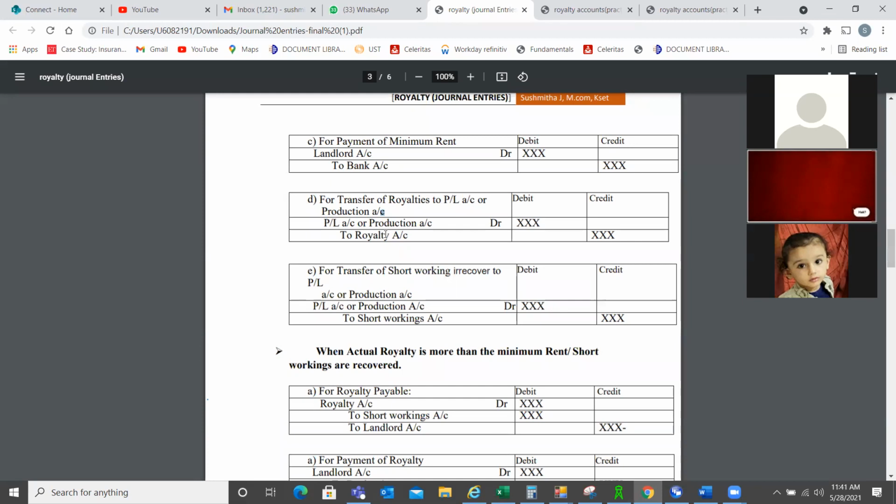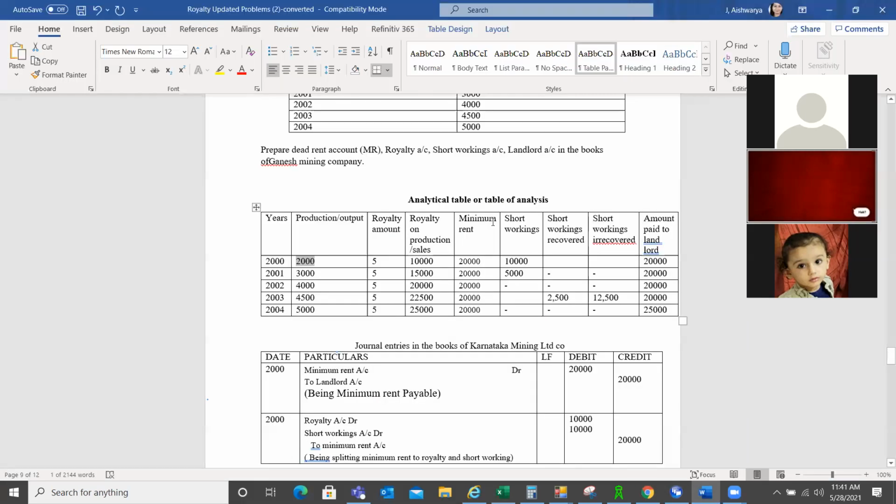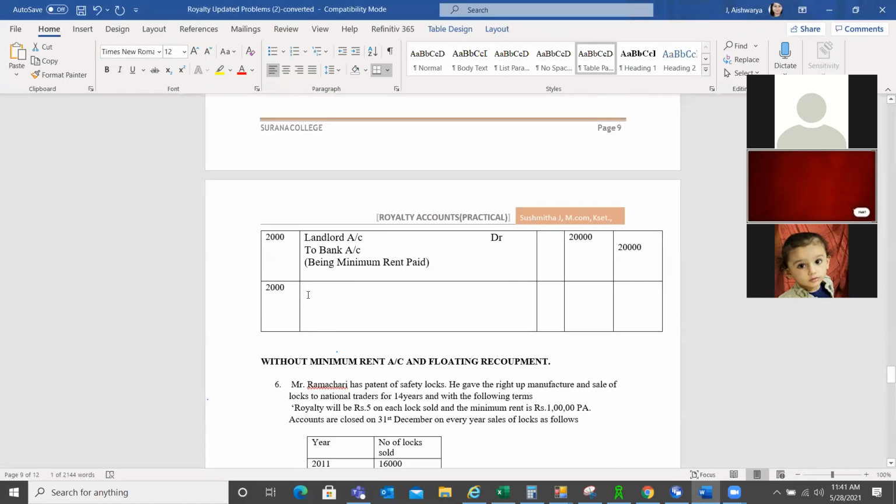It's there on the screen. You just tell me. Production account. Yeah, production account debit to which account? Royalty account. Yes, to royalty account.